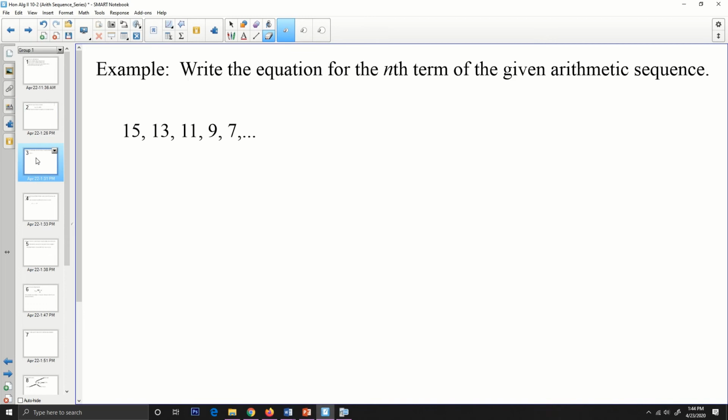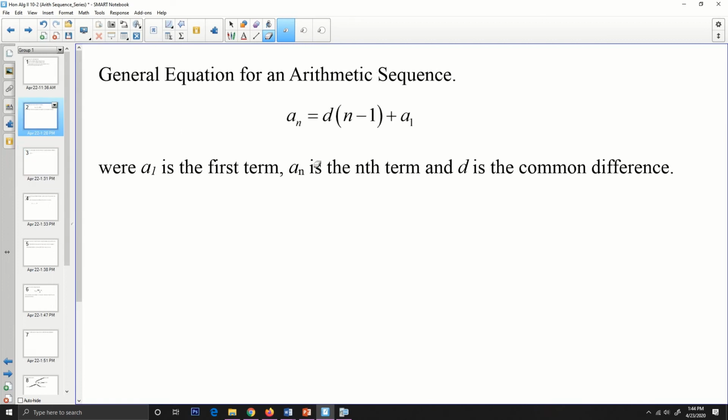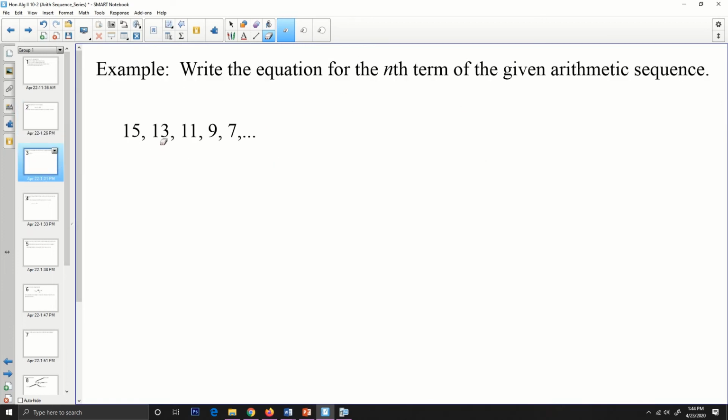All right, so first thing it says, write the equation for the nth term of the given arithmetic sequence. Well, that's going to use the equation that we just had right here. Let's use the right tool: a sub n equals d times n minus 1 plus a sub 1.